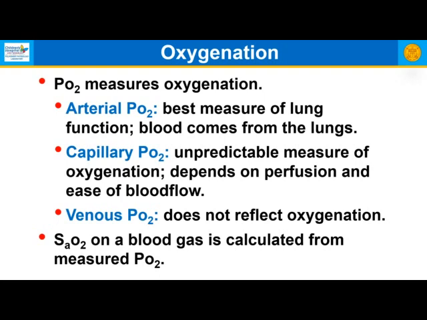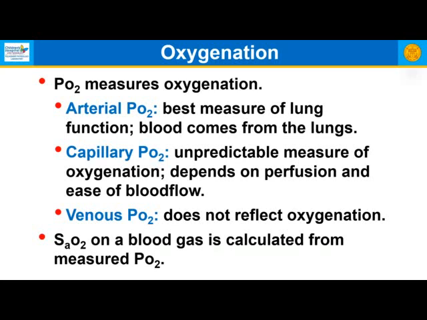PO2 measures oxygenation. We can measure an arterial blood gas, arterial PO2, from three sites. Our arterial PO2 is the best measure of lung function because this blood comes directly from the lungs. A capillary PO2 is somewhat unpredictable measure of oxygenation, and it depends on perfusion and ease of blood flow.